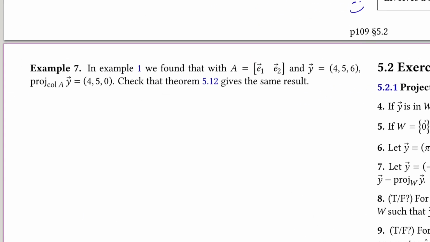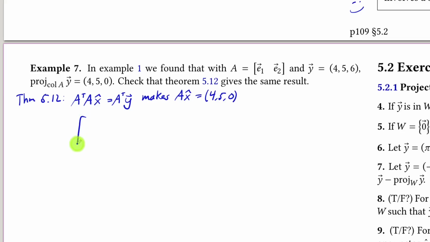So we're going to try to solve this equation, A transpose A x hat equals A transpose y. That should make A x hat equal to this projection, which should be (4, 5, 0). So let's try it out.